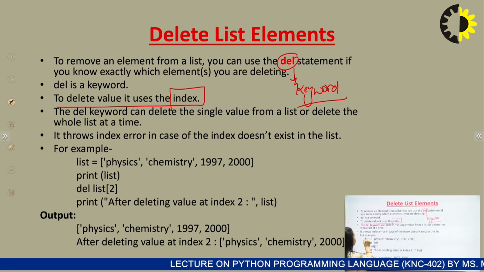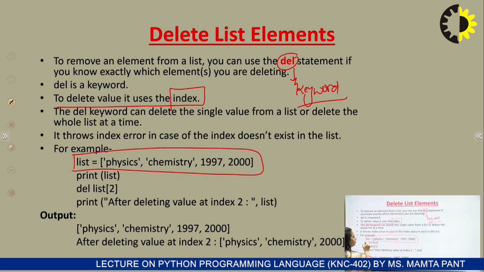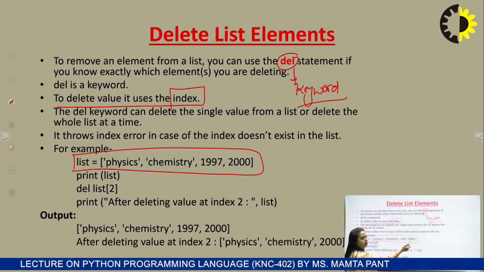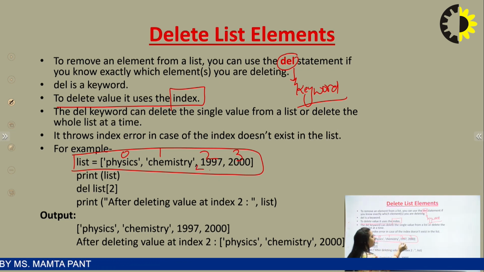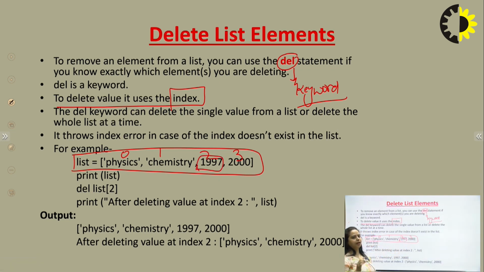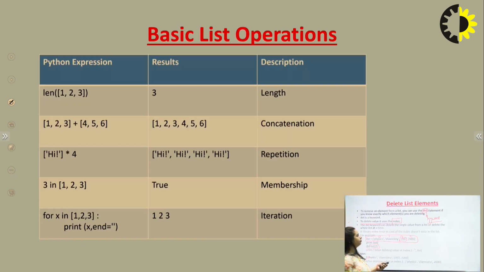For example, this is our list: physics, chemistry, 1997, 2000, with indexes 0, 1, 2, 3. If we know exactly the index number, suppose we want to delete the value 1997 and we know it is at index 2, we can simply use del list[2], which deletes the element at position 2 in the list. So this is our deleting operation.